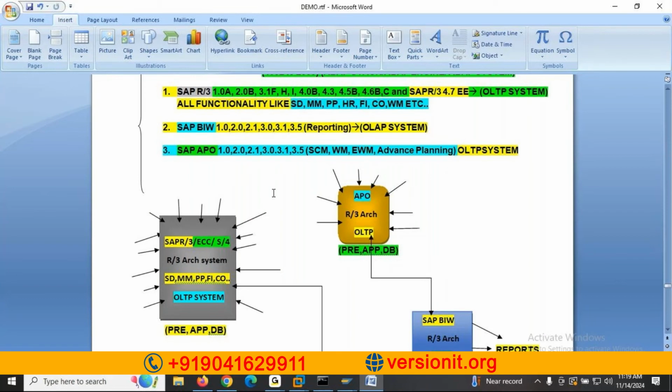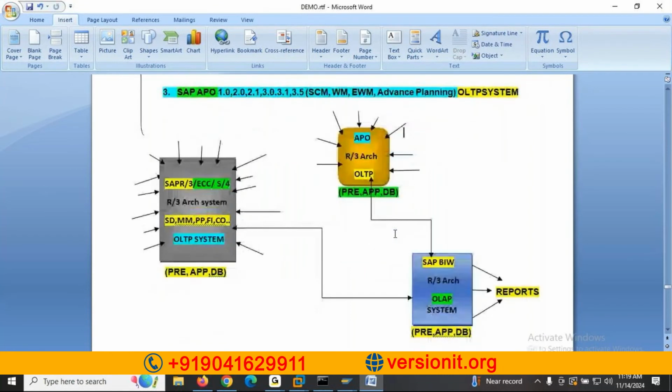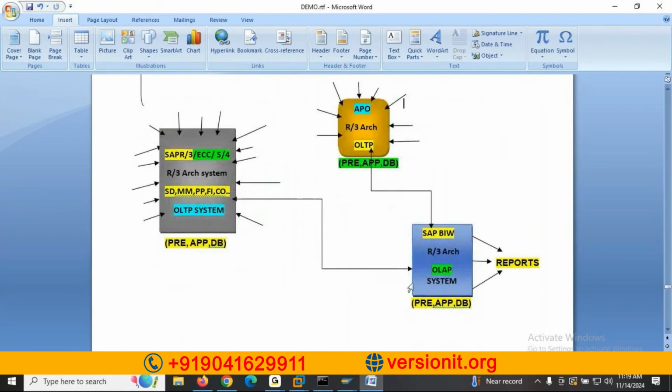Business reporting purpose. And it is called as OLAP system.